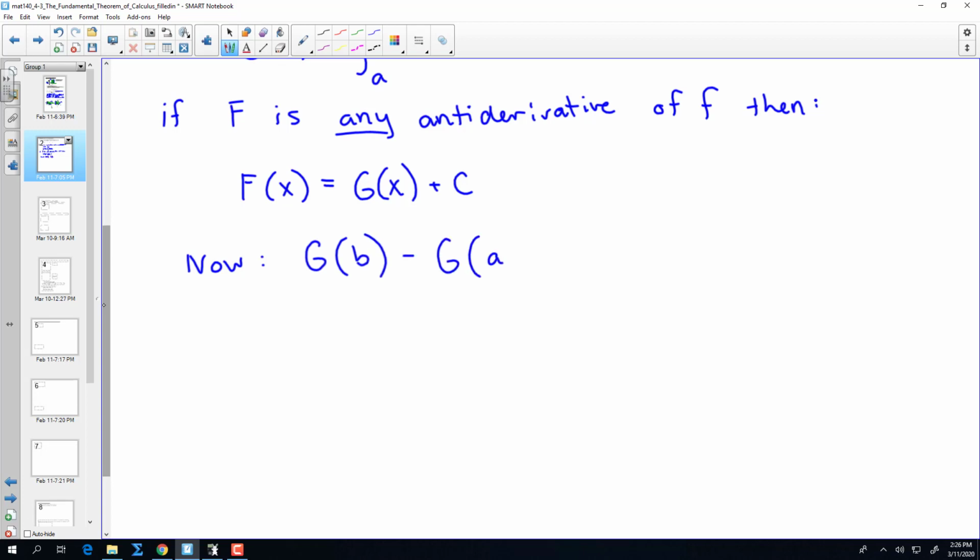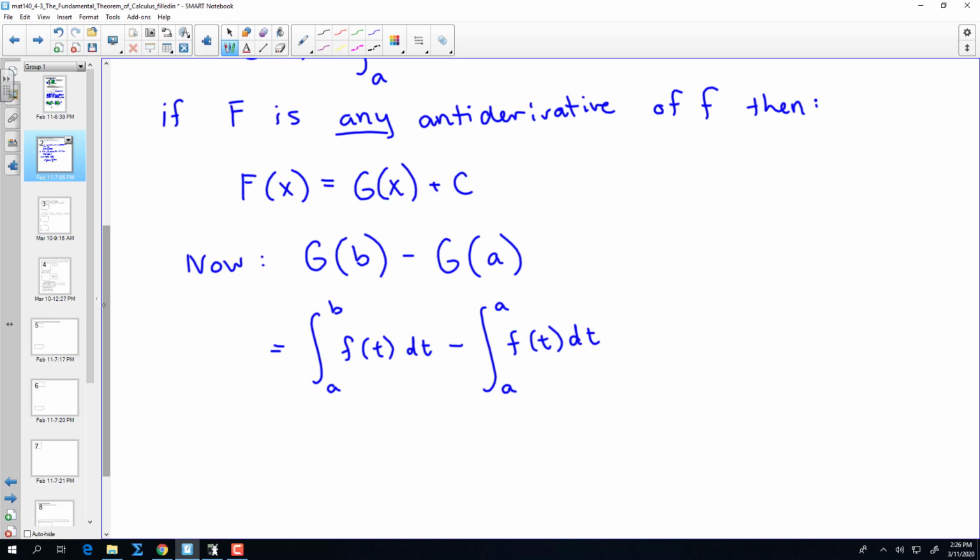So if I skip ahead to the other side of this equality statement, if I look at the antiderivative evaluated at b minus the antiderivative evaluated at a, this would be the accumulation function evaluated from a to b of f of t dt minus the accumulation function from a to a of f of t dt.